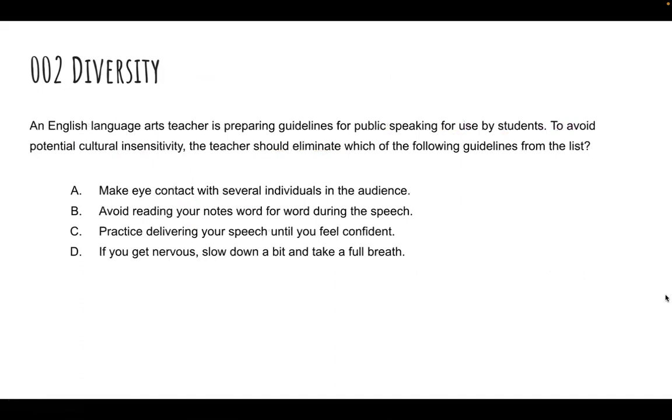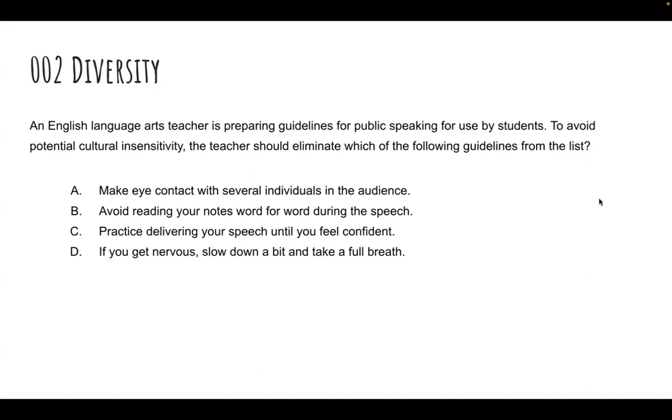All right. An English language arts teacher is preparing guidelines for public speaking for use by students. To avoid potential cultural insensitivity, the teacher should eliminate which of the following guidelines from the list. So we have an English language arts teacher preparing guidelines for public speaking for use by students.